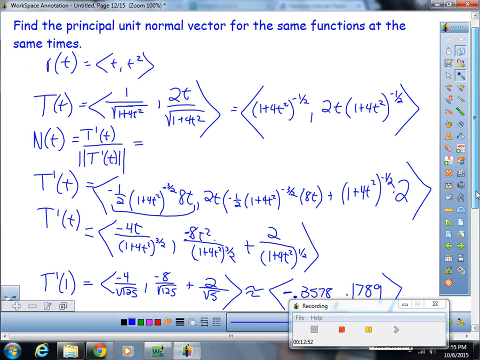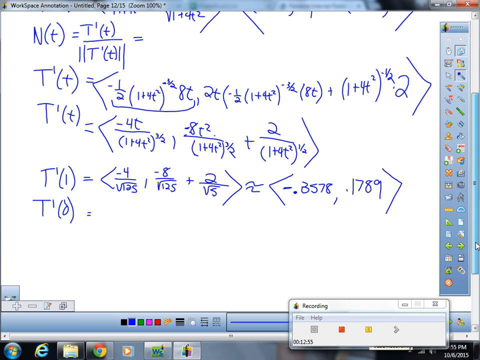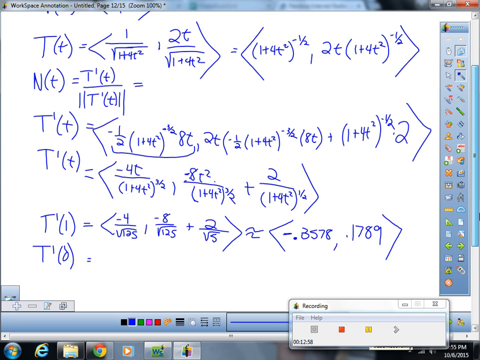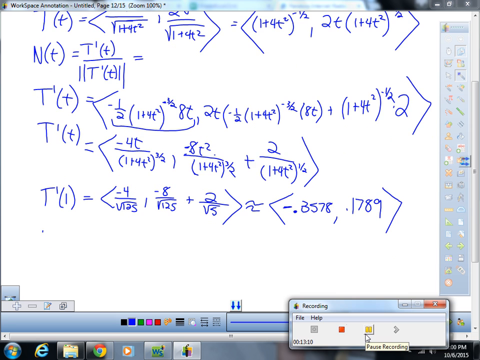Okay? So now, let me go back to my last. T prime of 1 is negative 0.35, comma, positive 0.17. That's half of that. Negative 0.3 squared is 0.09, and then 0.1 squared is not. Okay, so we've kind of estimated our T prime of 1.